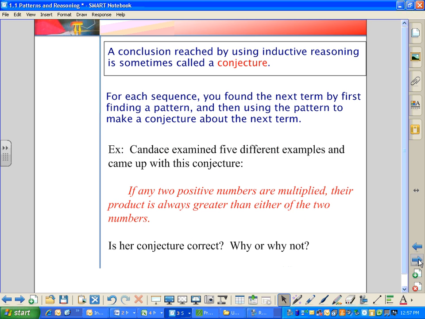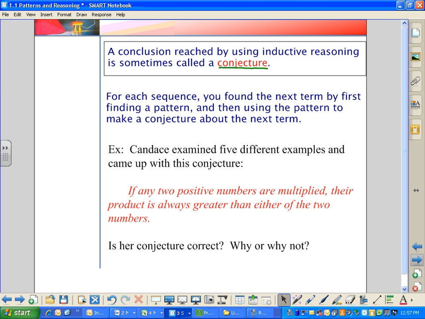Our second vocabulary word for this lesson is conjecture. Any conclusion that we reach using inductive reasoning is sometimes called a conjecture. Let's look at an example of this. In the last sequence that we just looked at, we found the next term by first finding a pattern and then using the pattern to make a conjecture about the next term.